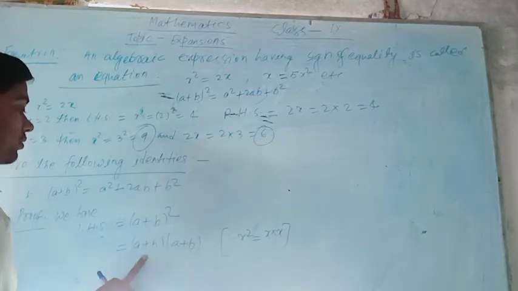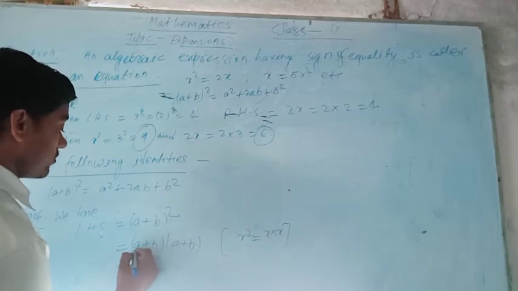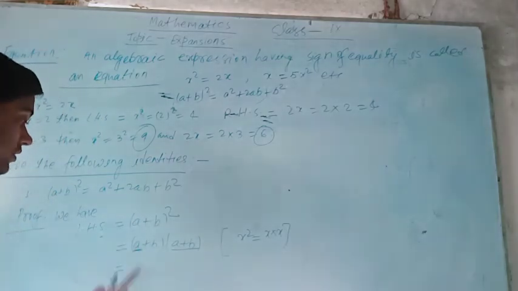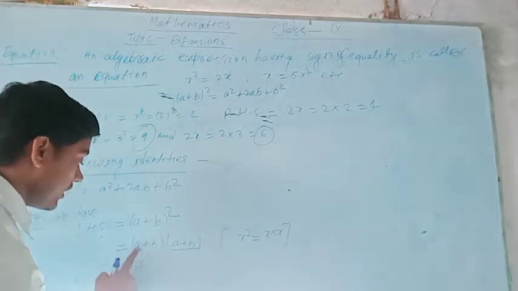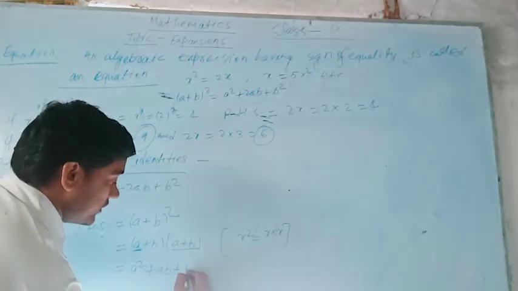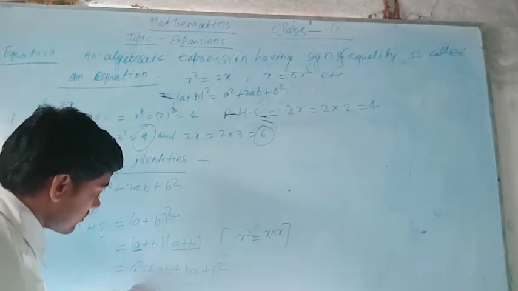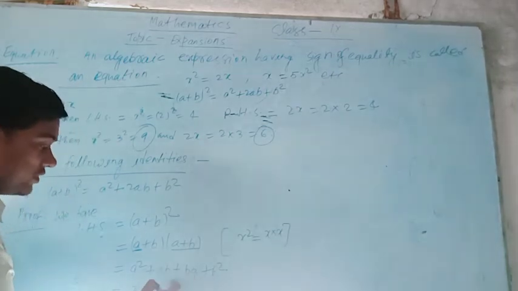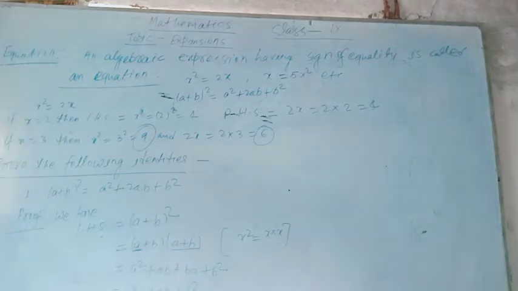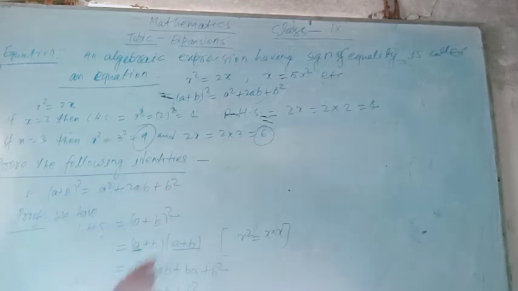So a into a is a square, a into b is ab, b into a is ba, b into b is b square. A square plus ab plus ba, that is 2ab, plus b square. RHS is equal to a square plus 2ab plus b square. Thus LHS is equal to RHS, hence proved.